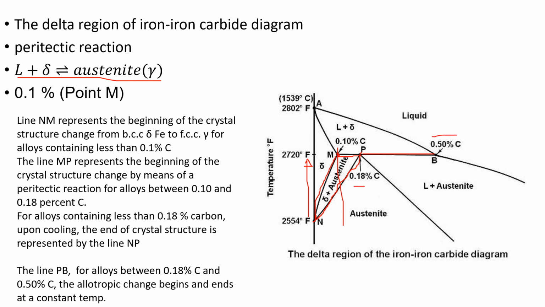What will happen if the carbon composition is increased above 0.5% and we cool down the region? The solution is completely converted to austenite.